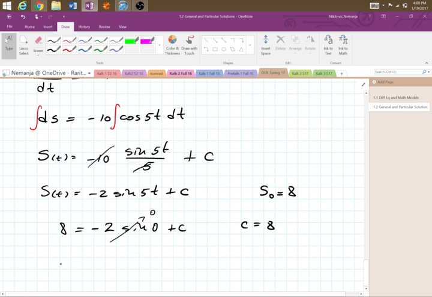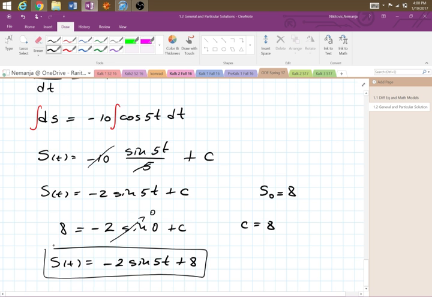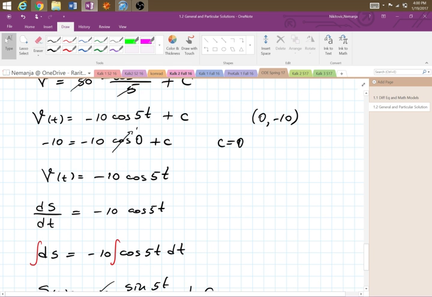So a particular solution for s of t would be negative 2 sine 5t plus 8. So those are the two functions they asked us to figure out. Happy? Of course, it's differential equations, right?